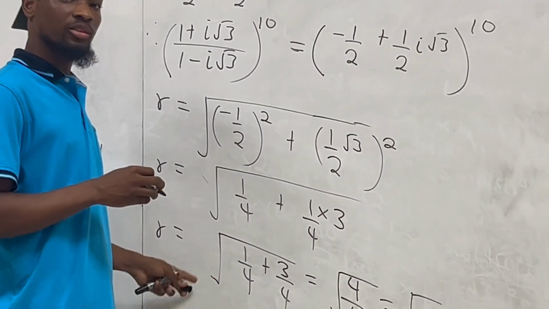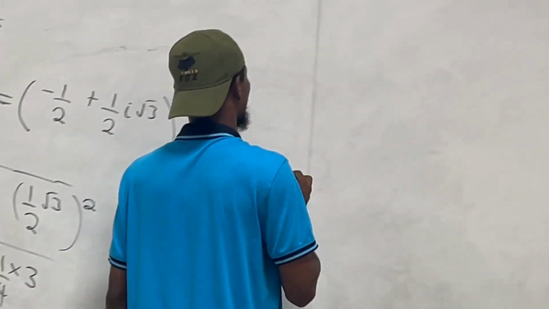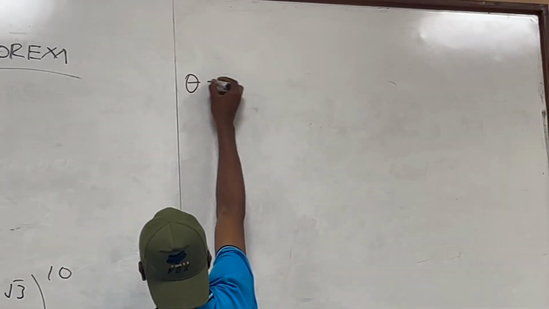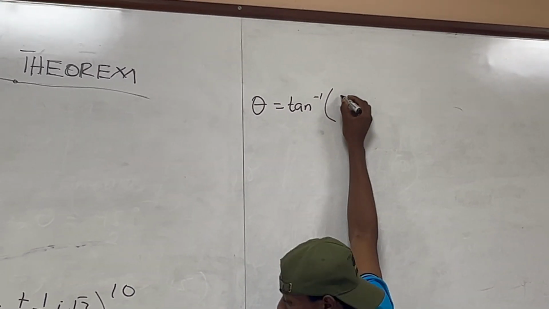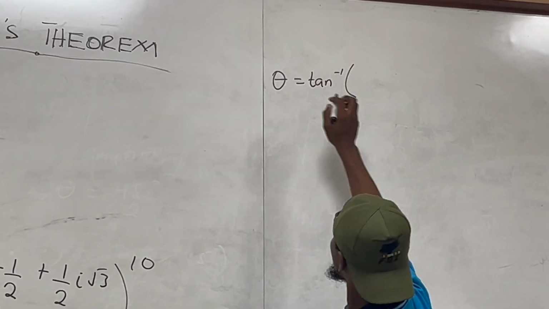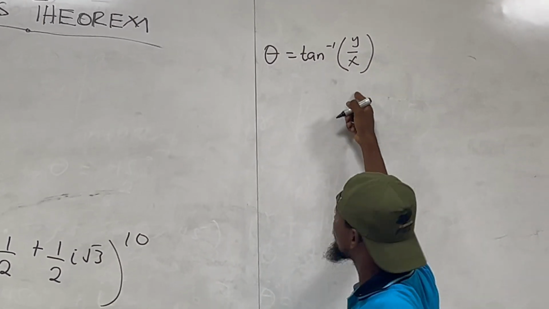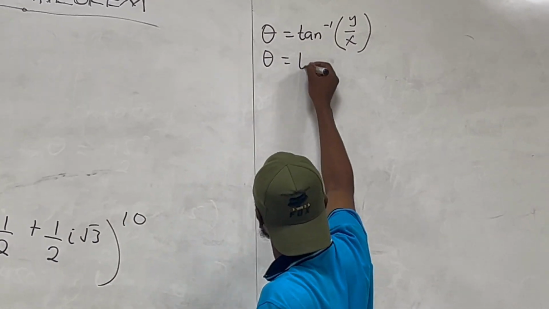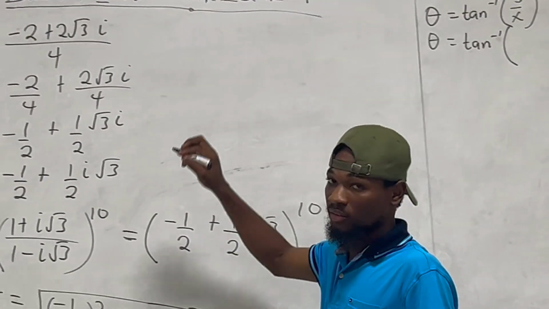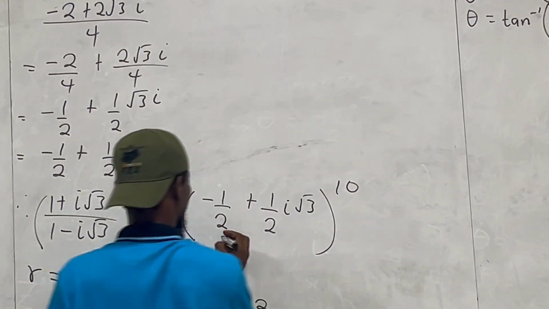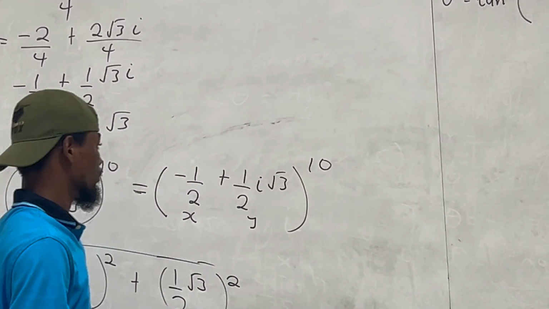So having done this, let's look for our argument, which is the angle. So the angle theta is equal to tan inverse of y over x. This is my x and this is y.